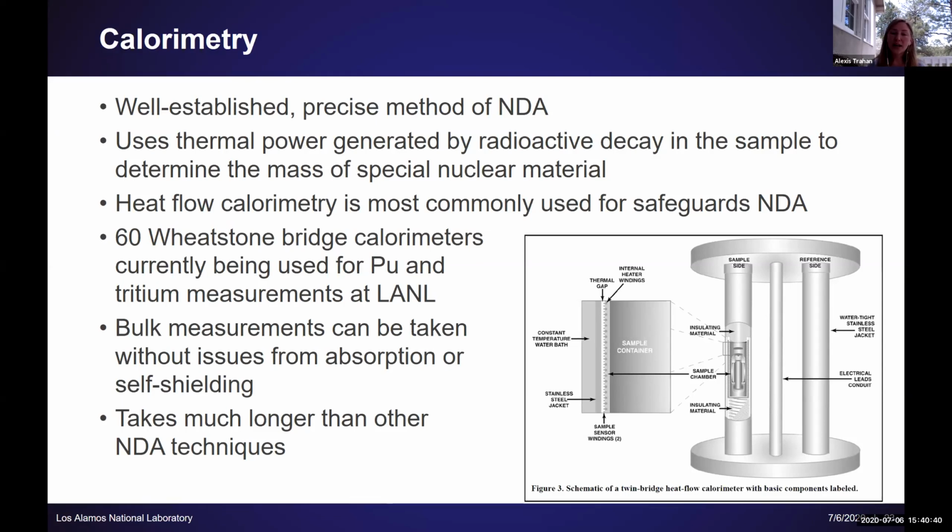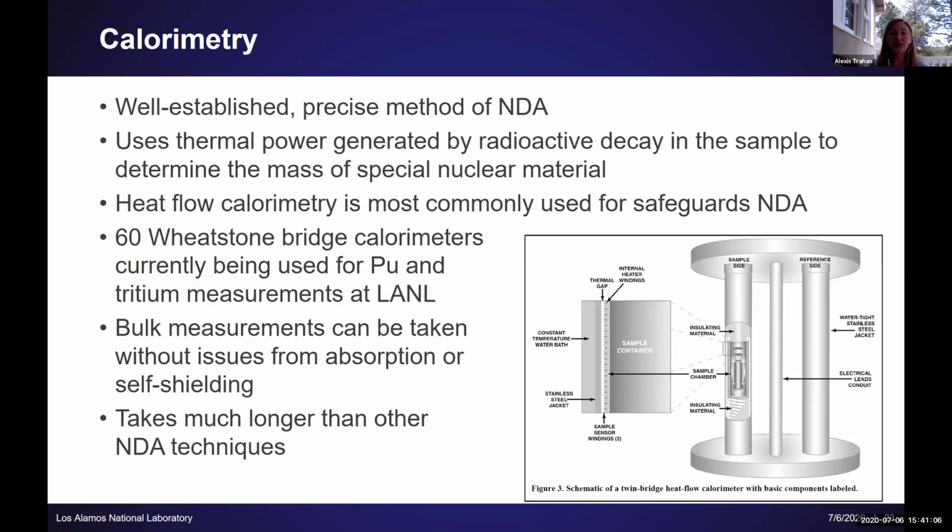So heat flow calorimetry gives you a very precise answer of your material, whereas neutron and gamma-based NDA typically come with uncertainties that can be decently high. But the reason that calorimetry isn't just used universally, because it gives us a more accurate answer, why wouldn't we just use it all the time, is that it takes a very, very long time.